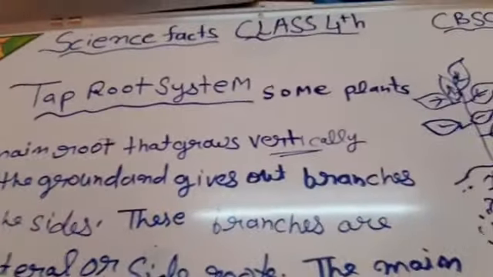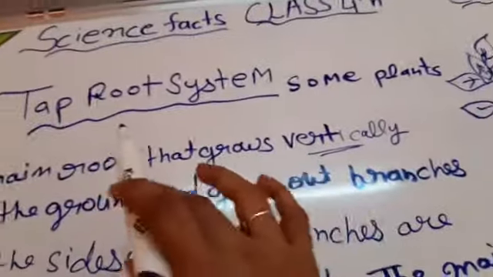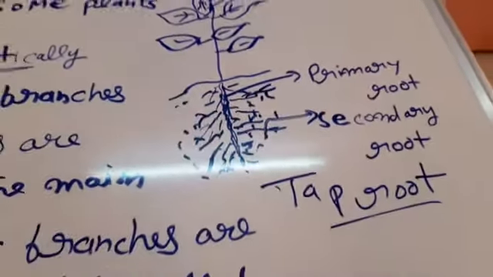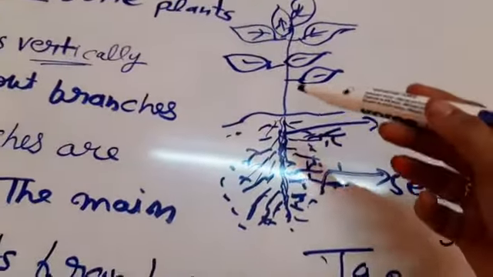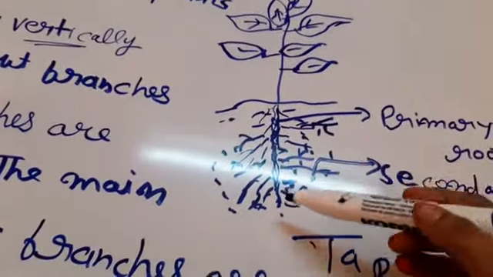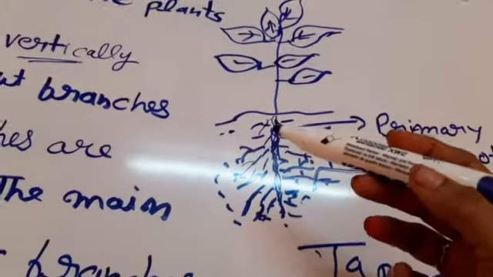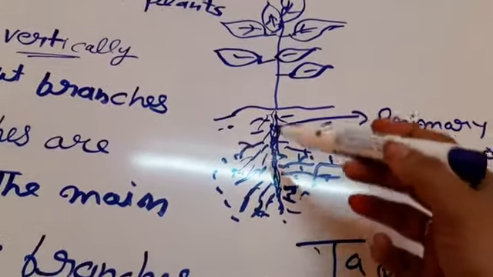So let's revise how to define the taproot. This is a diagram of taproot. A taproot plant has a main root, and some side branches, lateral or side roots, come out from the main root.